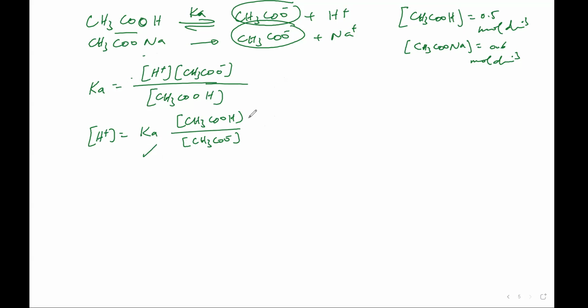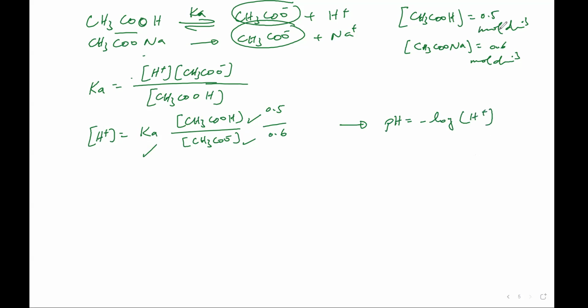And now we have the concentration of the ethanoic acid, which is 0.5, and we substitute the concentration of the ethanoate, which comes mainly from the sodium ethanoate, by 0.6. So you put this 0.5 and this 0.6, and with the Ka you get the hydrogen ion concentration, from which the pH equals minus log the hydrogen ion concentration.